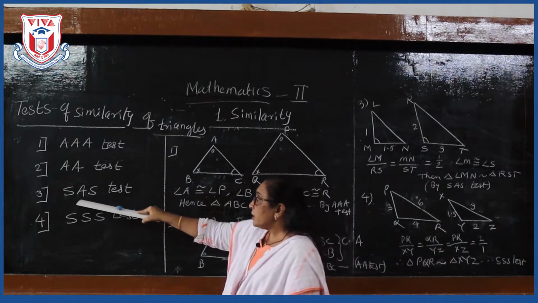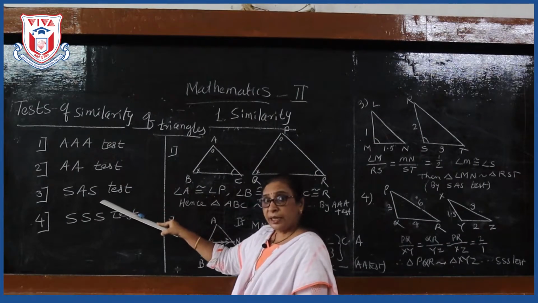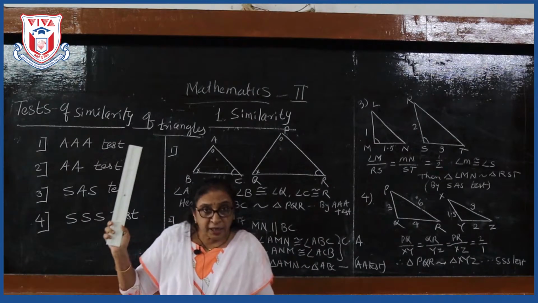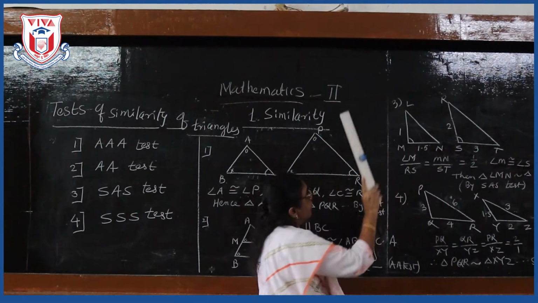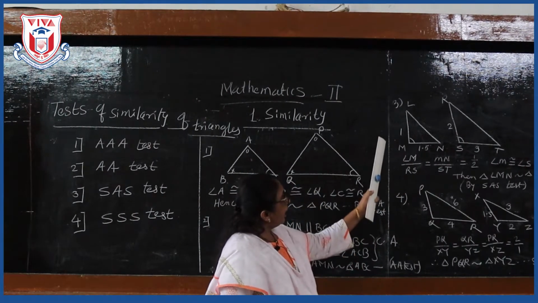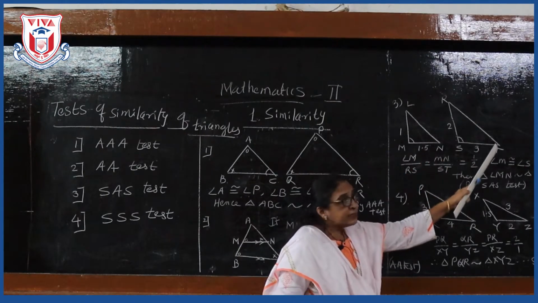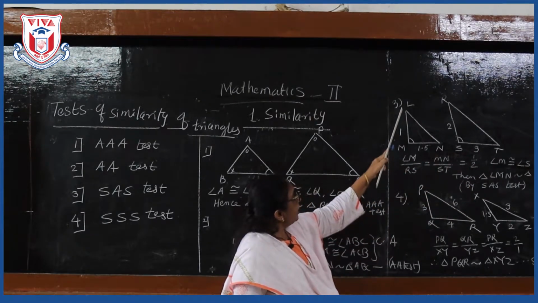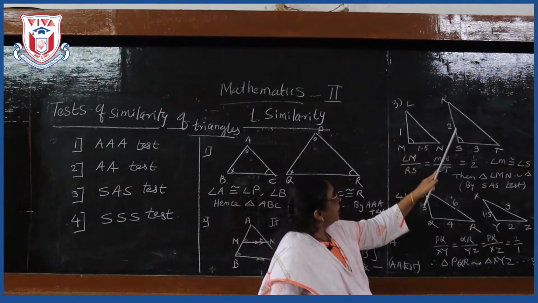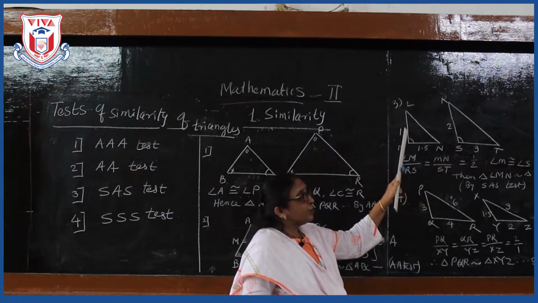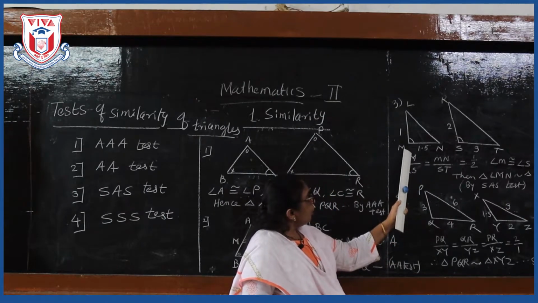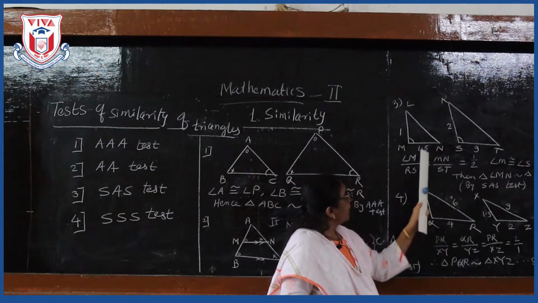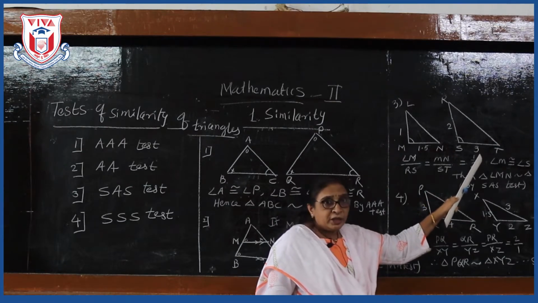Third one is the side test. Now, in this side test, if you observe this figure of triangles LMN and RST, if we consider LM is 1 and RS is 2, the ratio is 1 upon 2. Ratio of MN and ST is 1.5 upon 3.